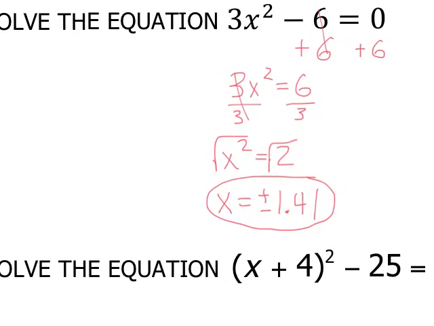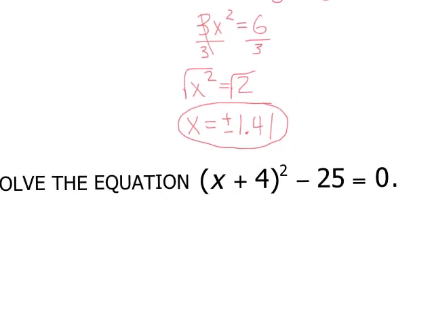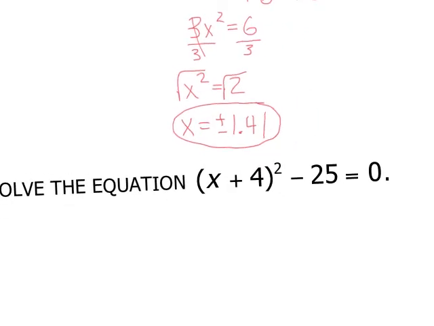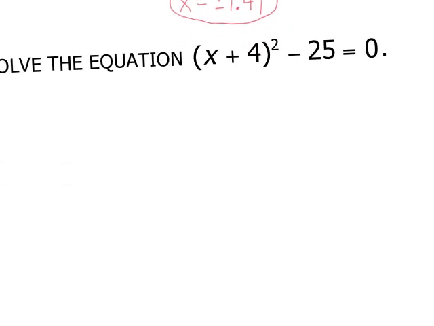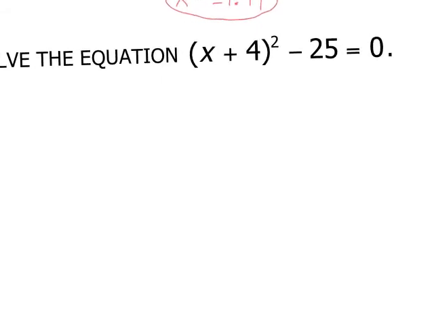Okay, let's look at example 2 together. If I am trying to isolate the square part, first I need to know what is being squared here. The x and the 4. So x plus 4 is being squared. I want to solve this by square root, so I need to isolate that first. What do I need to get rid of?